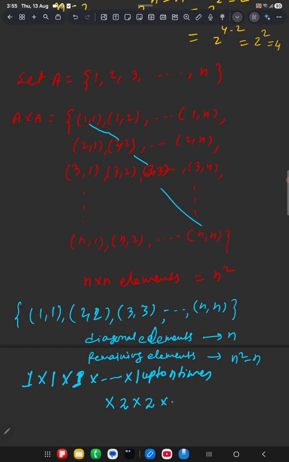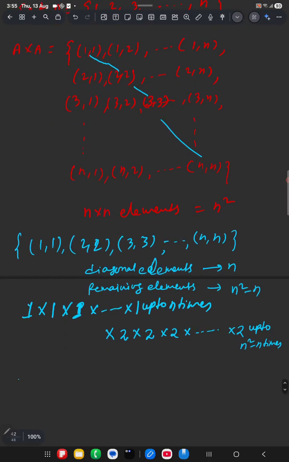So 2 into 2 into up to n square minus n times, and this product will give you 1 power n into 2 power n square minus n, that is 2 power n square minus n.